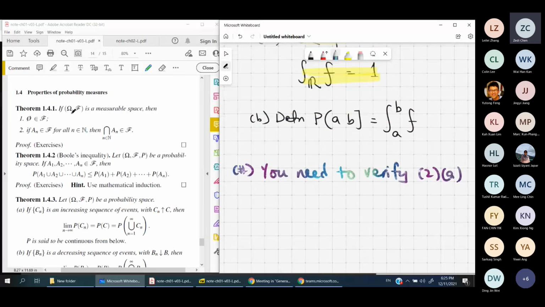It says that supposing (Omega, F) is a measurable space, meaning F is a sigma field and Omega is the sample space, then the empty set belongs to F, and if A_n belongs to F for all n, then the intersection of the A_n belongs to F. Well, exercise: is this a tutorial question?